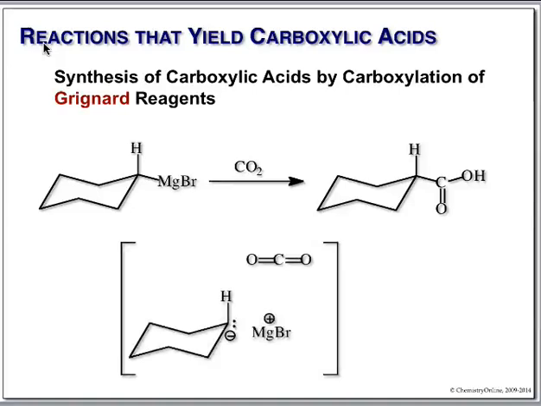So, you make a Grignard reagent. Then you take little chips of dry ice, and you add it. The Grignard reagent, as a nucleophile, attacks, and we go up to our carboxylic acid. Really cute little reaction.